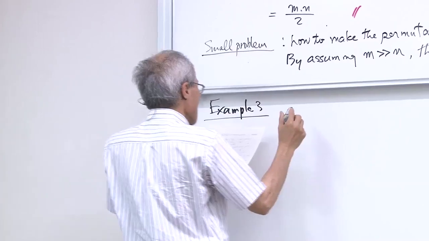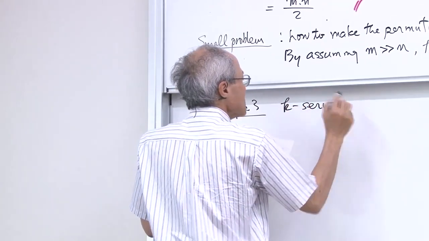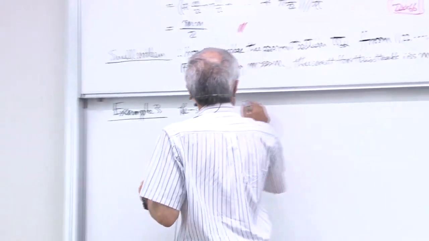Example 3 is the K-server. The K-server problem is very important.